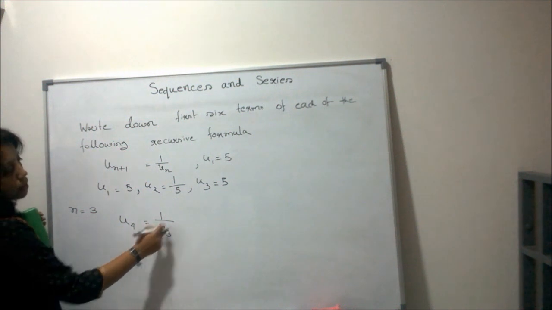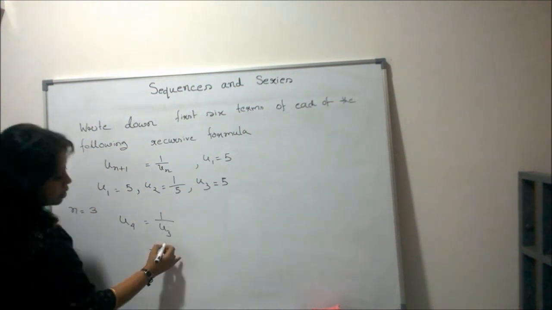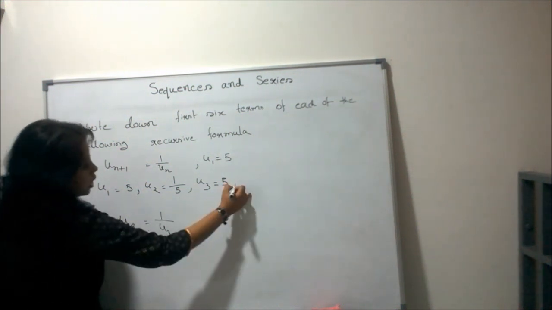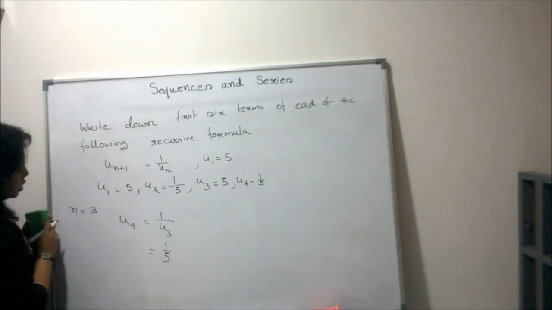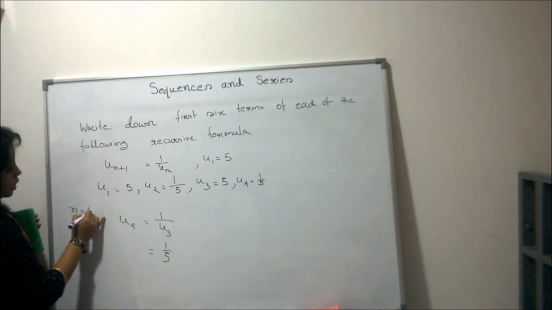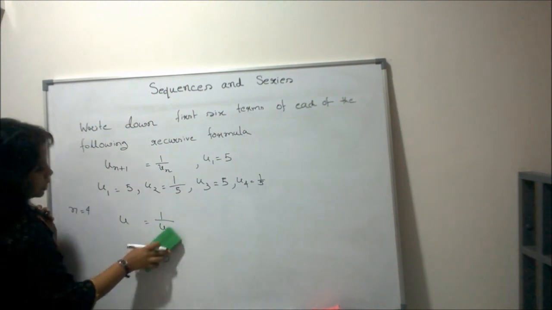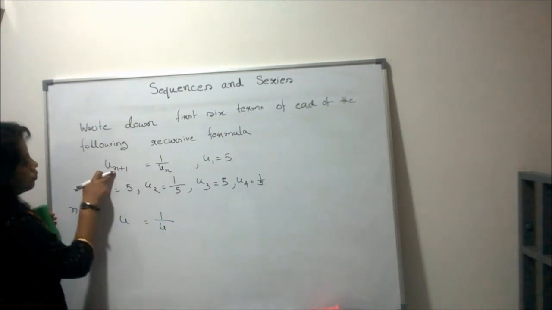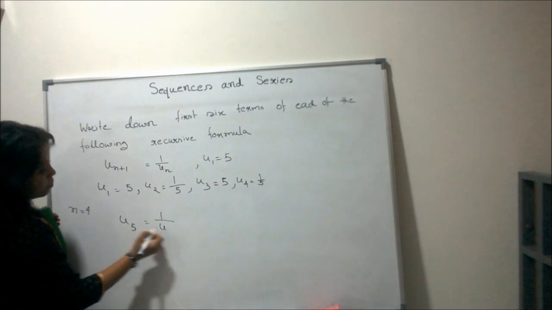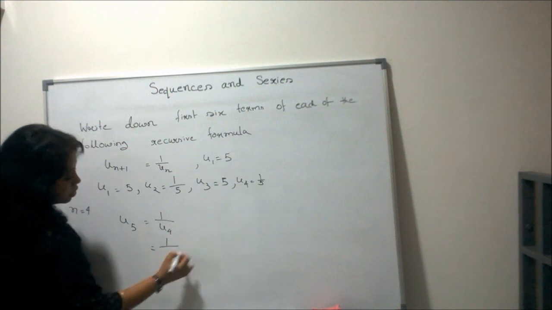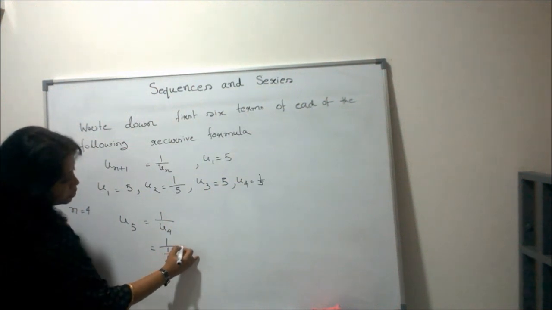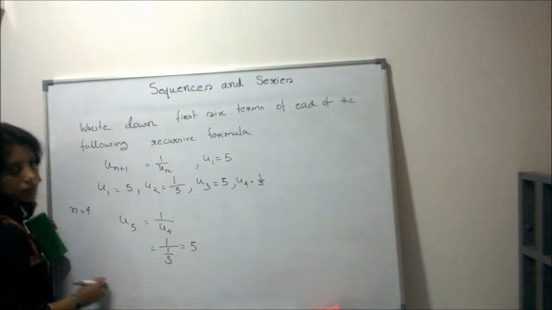In place of u3 you are putting 5, so u4 is 1 by 5. Now we are taking n is equal to 4. That becomes u5, which is 1 by u4, means 1 by 1 by 5. So it becomes again 5.